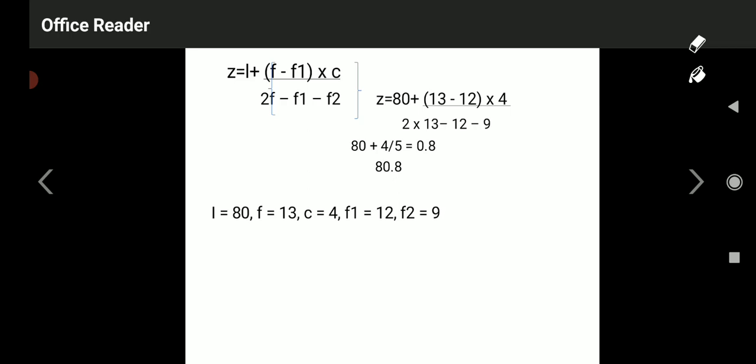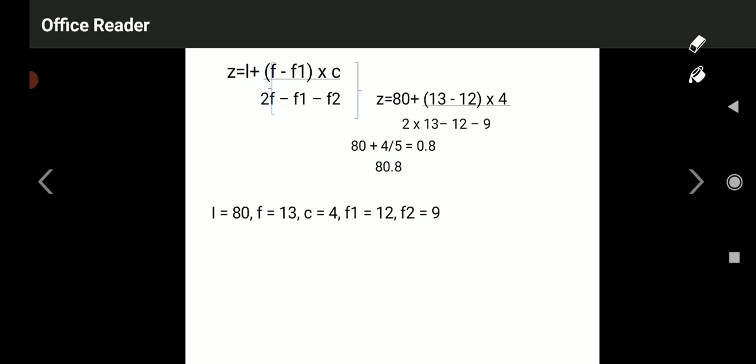So 80 plus 4 upon 5. 4 upon 5 is equal to 0.8. So 80 plus 0.8 is equal to 80.8.